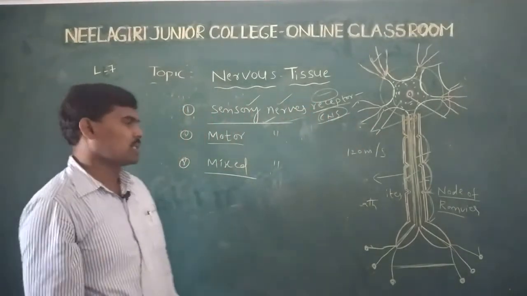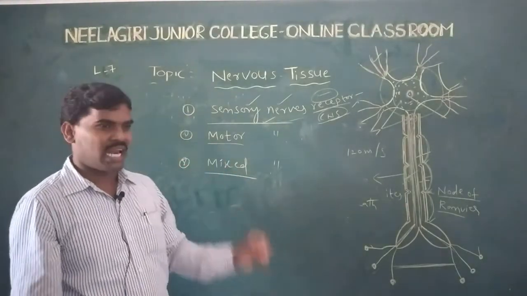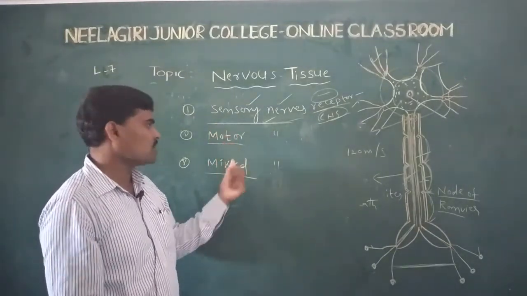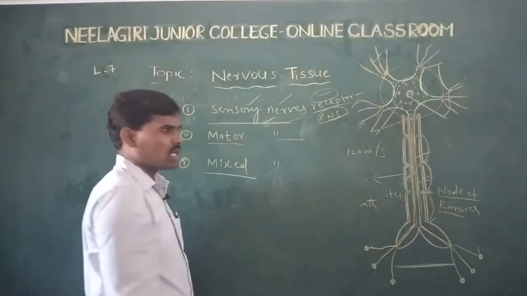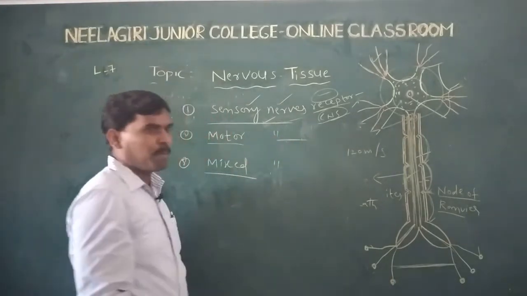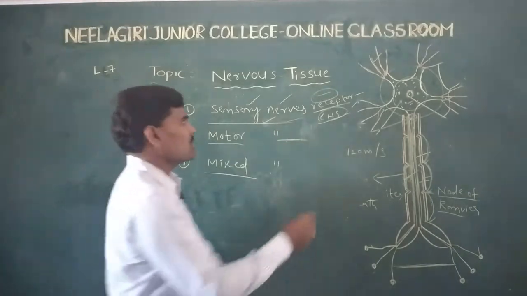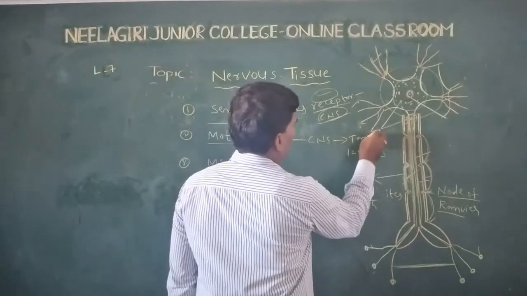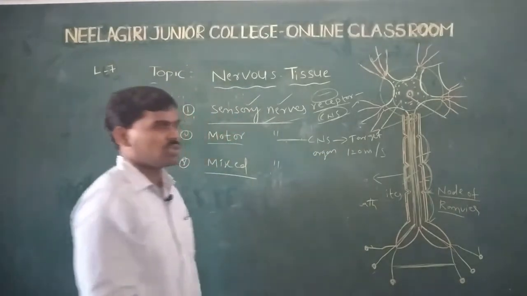Among the 10 to 12 pairs of cranial nerves, there are all three types: sensory nerves, motor nerves, and mixed nerves. Motor nerves send the nerve impulse from the CNS to the target organ.